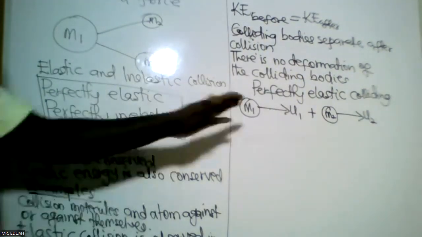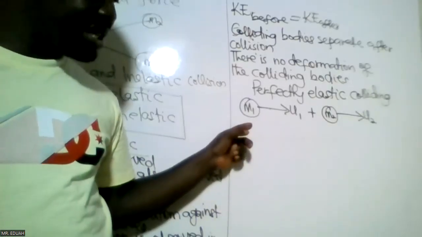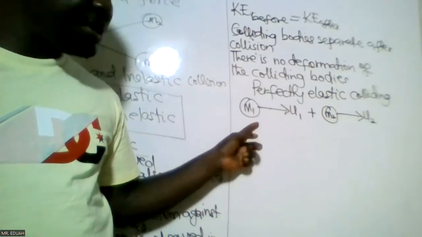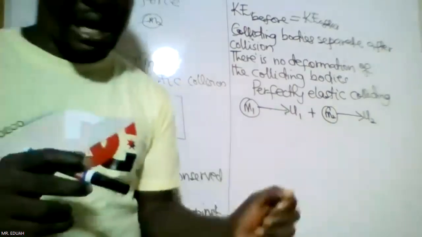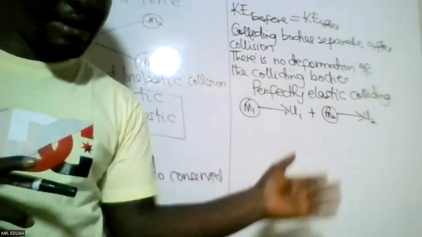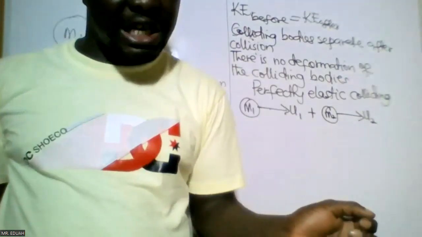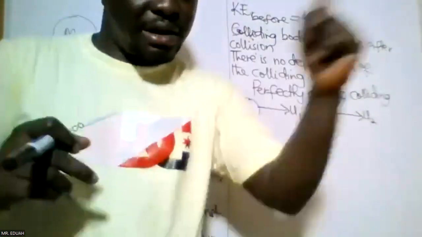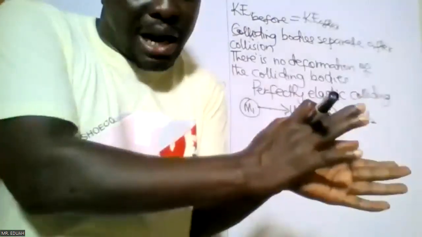Now for such collision to take place, the one behind must move at a speed greater than the speed of this one. So it's like two cars in the same direction. Before they can hit, the one behind must have a greater speed to catch up with the other one in front. And when that happens, they can collide.